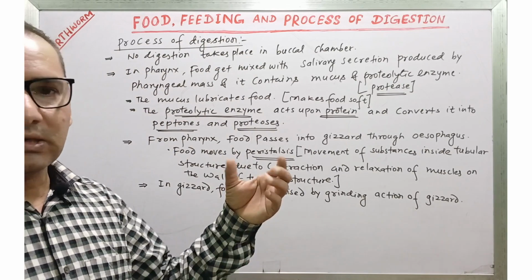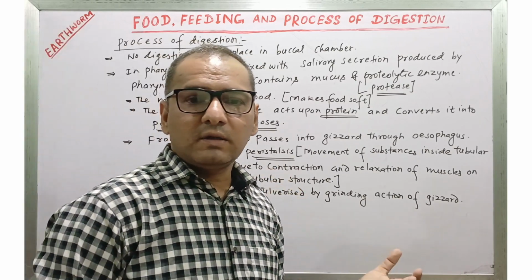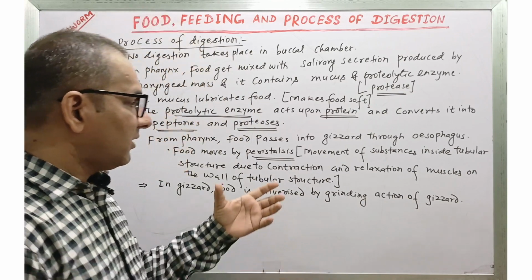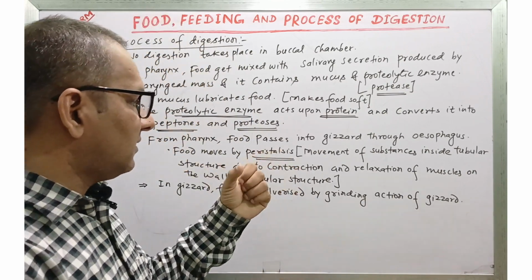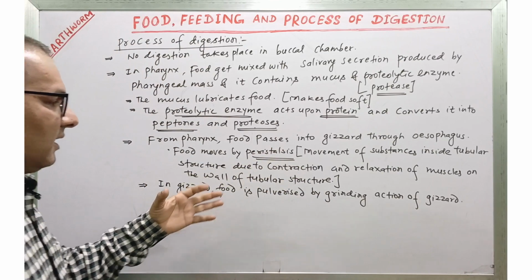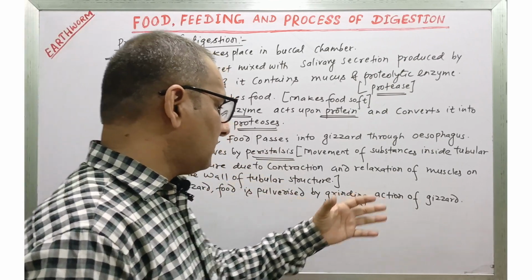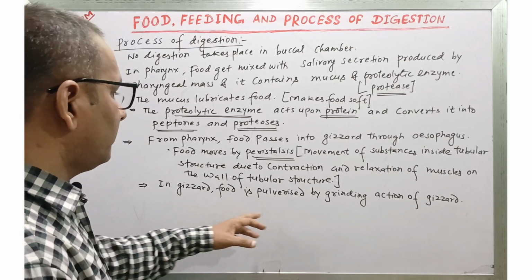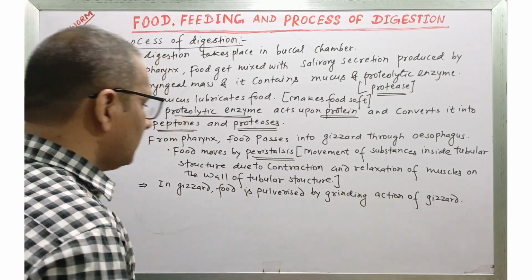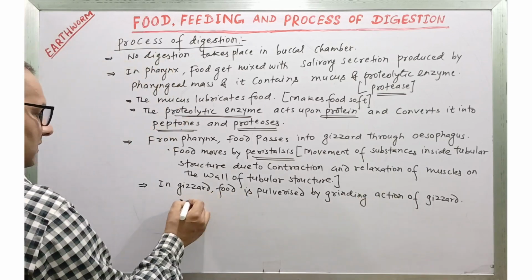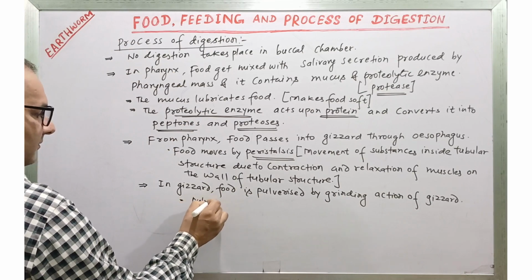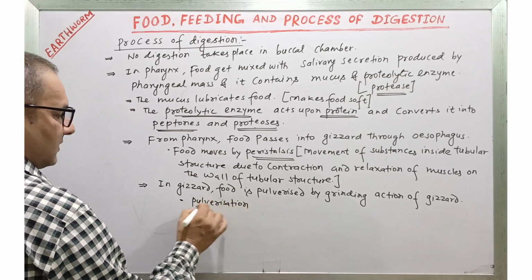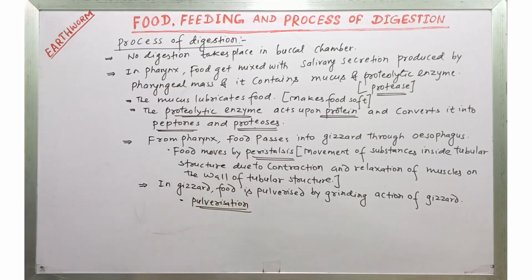Its wall contains circular muscle. Internally, it remains lined by a thick layer of cuticle, which is tough, and because of the contraction and relaxation of the circular muscle, the gizzard acts as the grinder and the food is pulverized in it. This process is called pulverization.